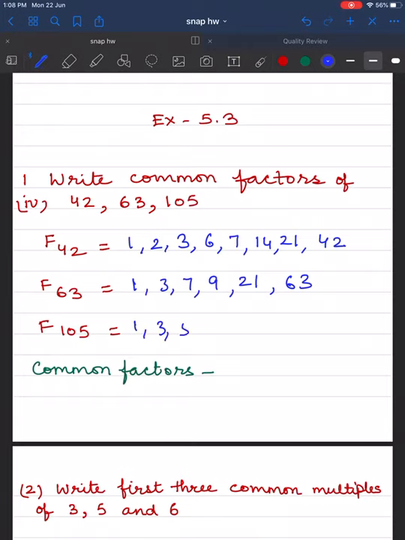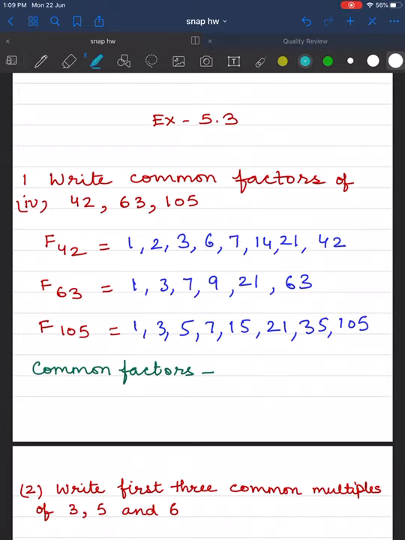So here we have 1, 3, 5, 7, then 7 into 15 is 105, then 5 into 21, then 3 into 35, and then 1 into 105. Now let's see which factors are common, that is which factors are there in all the three numbers.